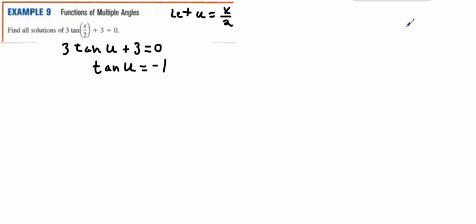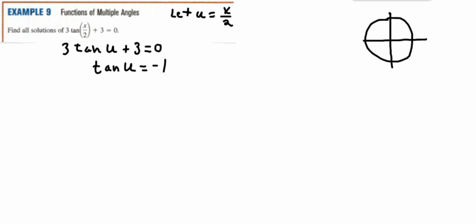So if I think about that, I'm going to do a quick sketch of my unit circle. I know tangent is positive when the signs are the same, and it's negative when the signs are different. And the signs are different in quadrant 2, and, oops, I reversed these. This is negative positive. So let's erase that and do that again. It's a really rough sketch.